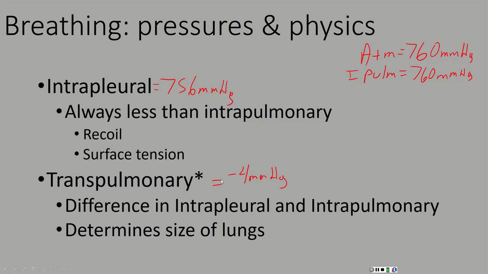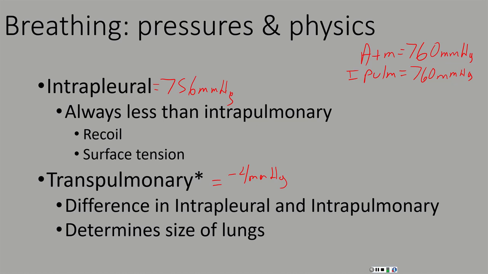So transpulmonary pressure of -4 pulls on the lungs. Transpulmonary pressure of -10 pulls on the lungs harder. If we had a transpulmonary pressure of -2, it would not pull on the lungs as hard. So the greater the magnitude of the transpulmonary pressure, the harder we're pulling on the lungs, and the bigger the lungs will be.